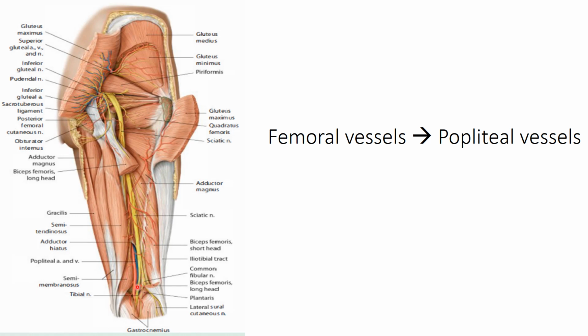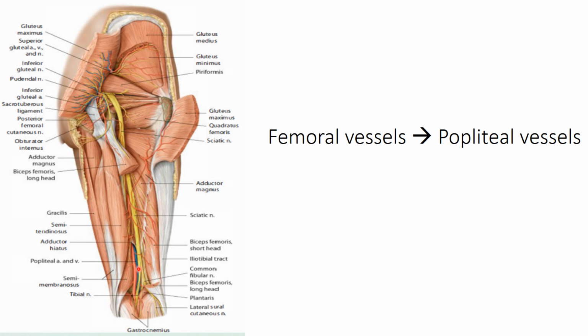Here also you can see how their relationship is now. Here the artery is lying medially and the vein is lying laterally. So initially in the femoral triangle the vein was medial. At the adductor canal its position changes.